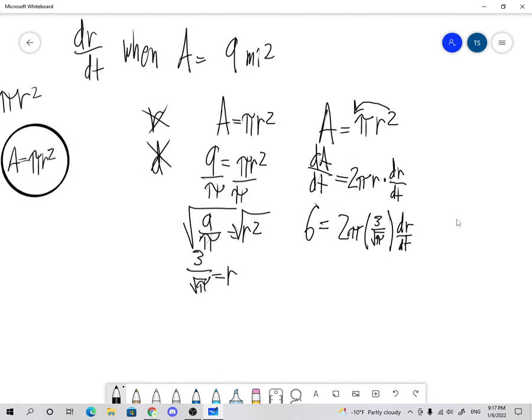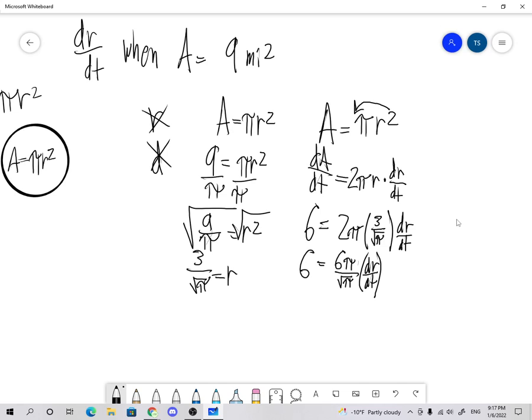Automatically, I can see that I can multiply 2 pi up top, which will get me 6 equals 6 pi over the square root of pi, and then dr dt. And I'll put this one in parentheses because I'm going to try to separate that. The parentheses aren't important though.